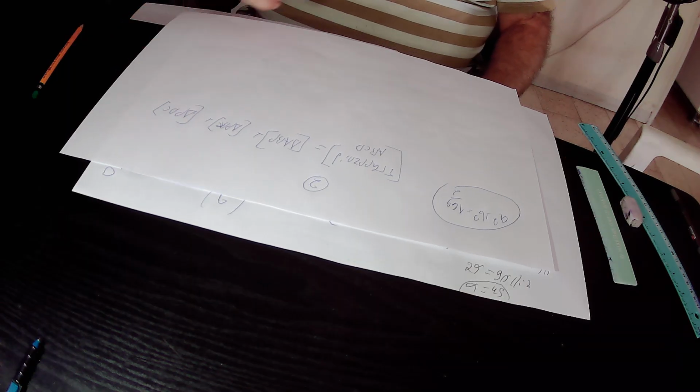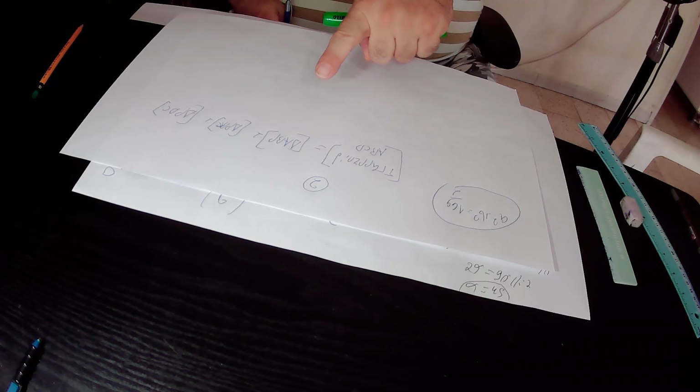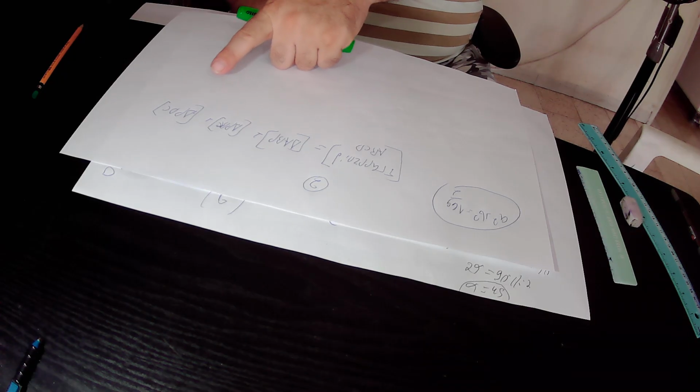So in total, the area of trapezoid ABCD equals the area of the right small triangle ABP plus the area of the right big triangle PBC plus the area of the right triangle PDC.